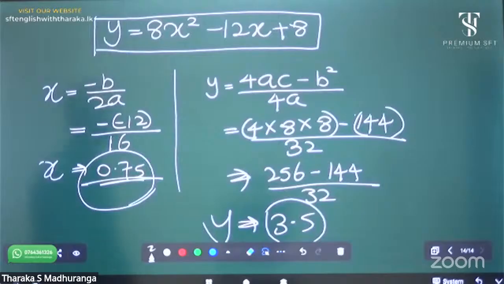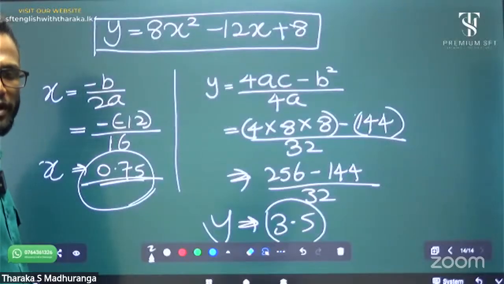Okay, now you can calculate the x-axis cutting point coordinates. How to calculate?